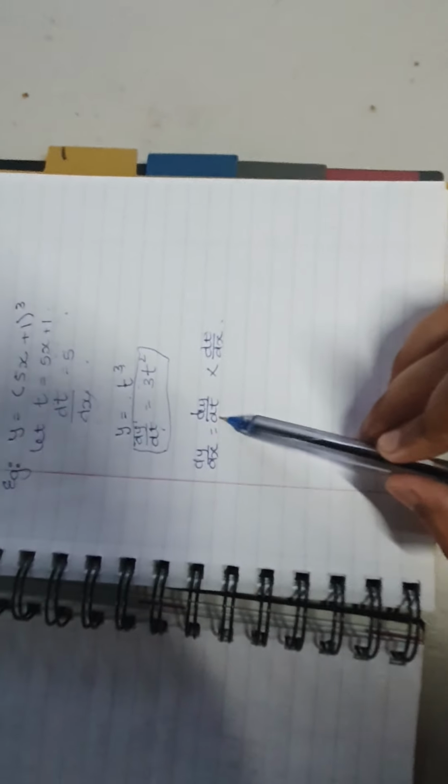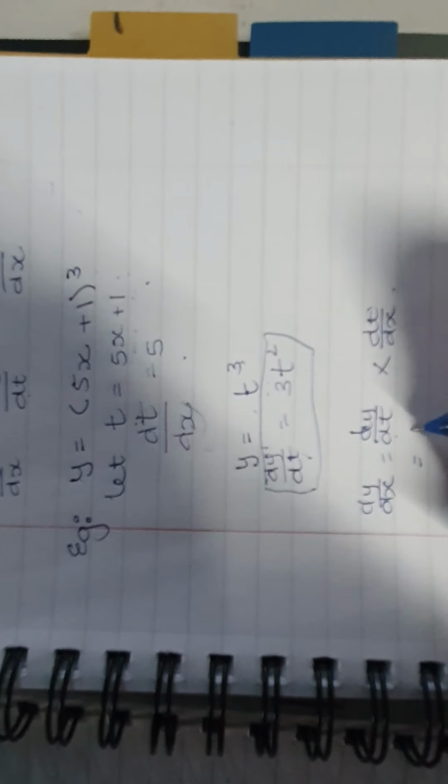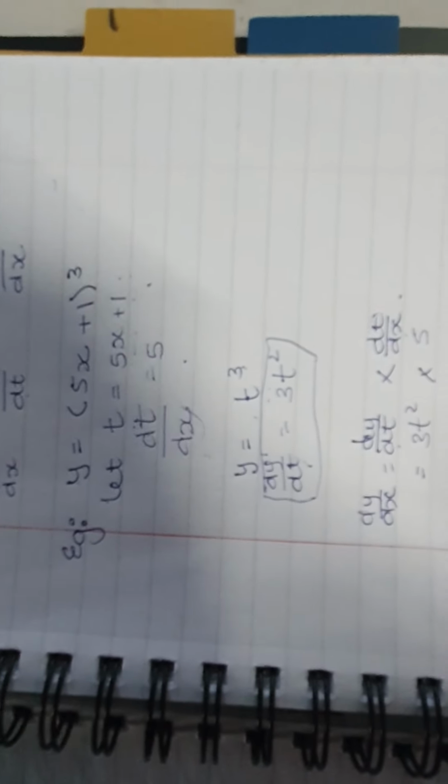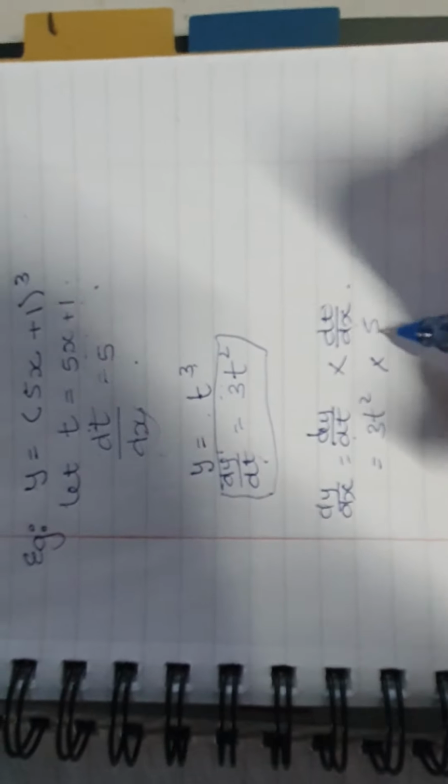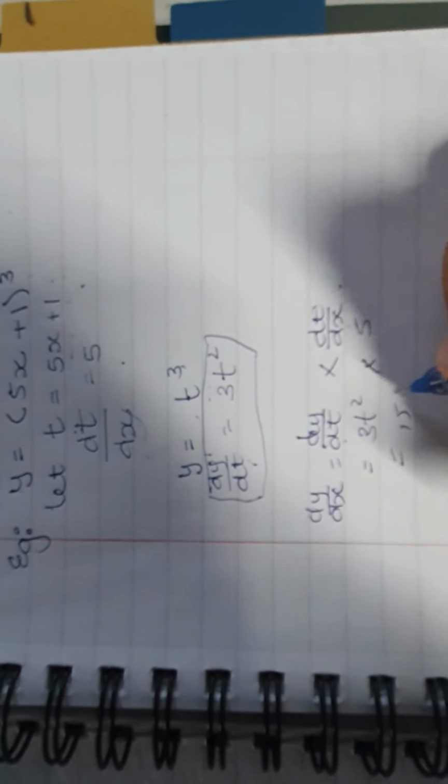Alright, we're going to plug in all the parts we have. So dy/dt is 3t squared, dt/dx is 5. Right, so I'm going to work this out. So I would get 5 times 3 is 15t squared, right?